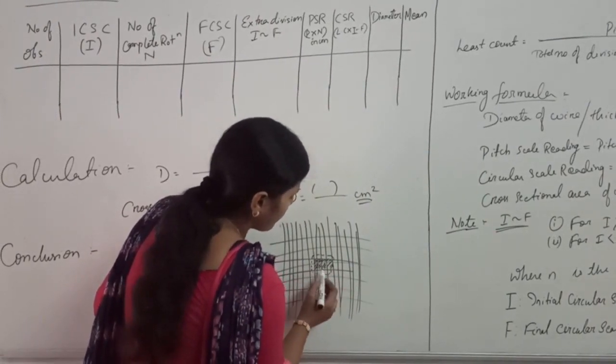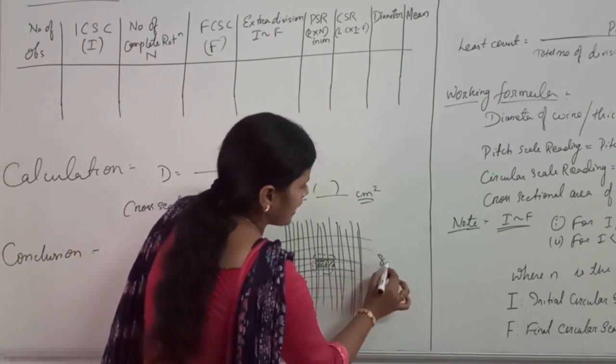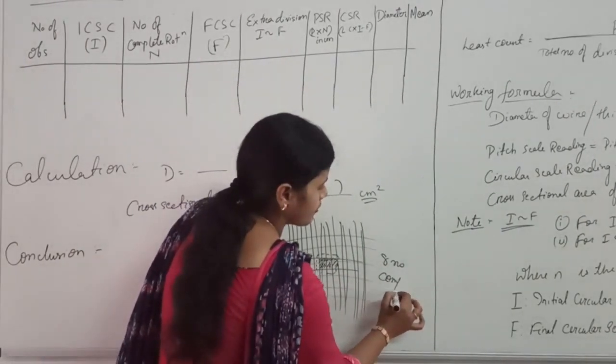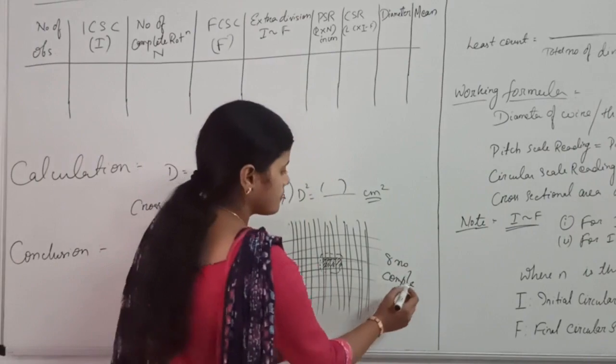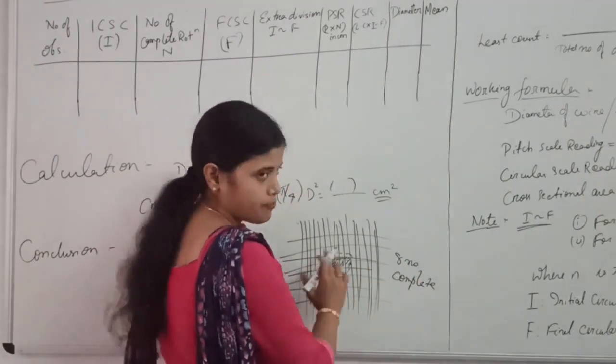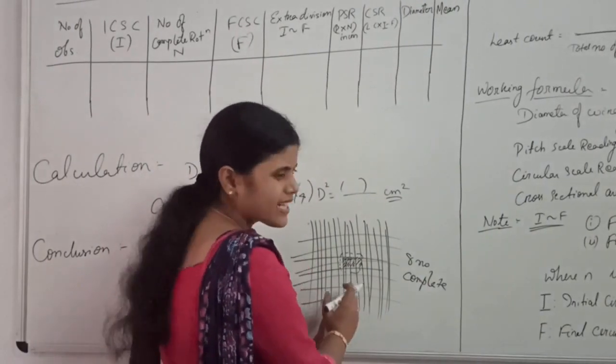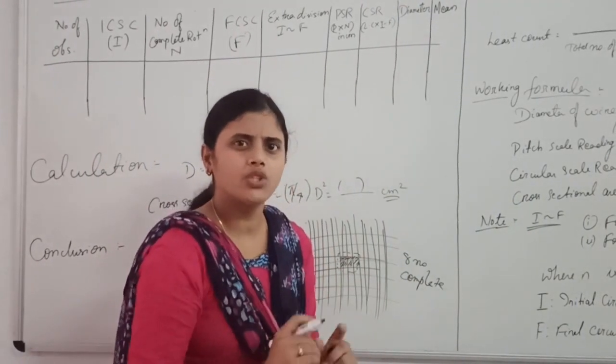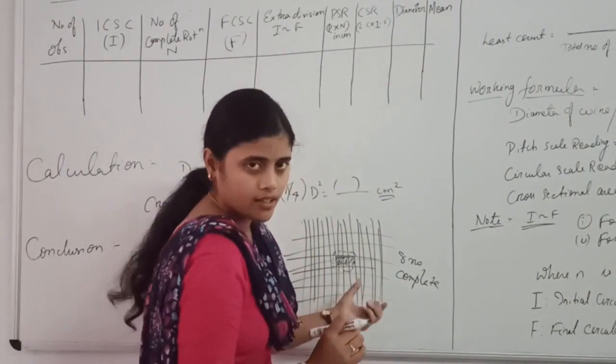So here suppose we got 8 complete squares after drawing the outline of this plane lamina on the graph paper. Okay, this is not looking like a graph paper. Graph paper is equally spaced.